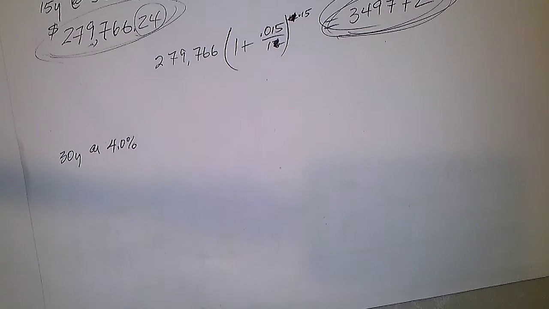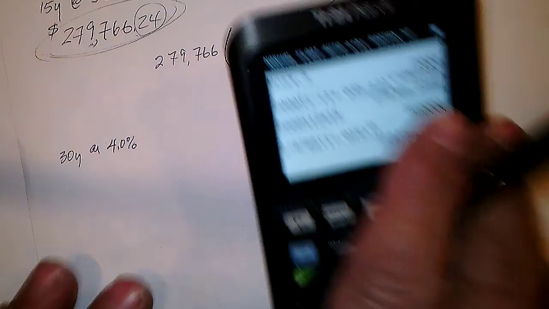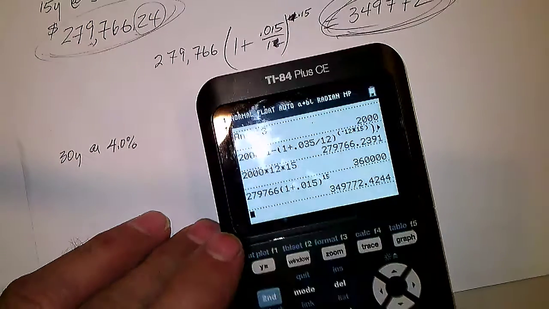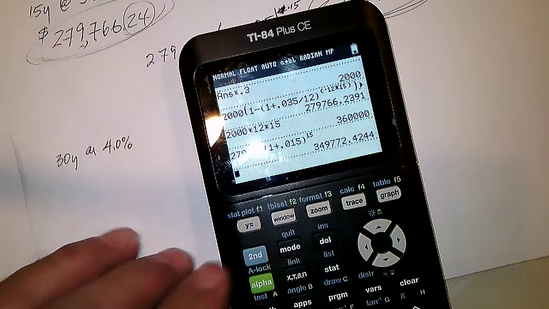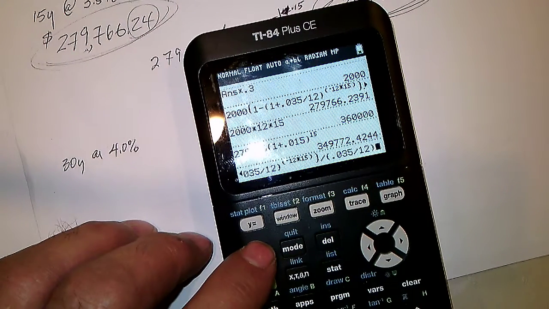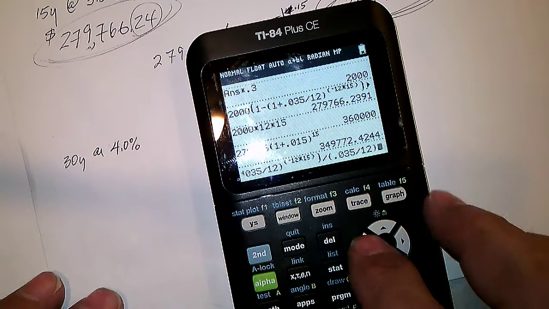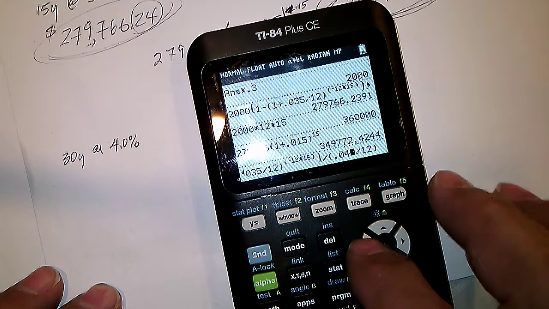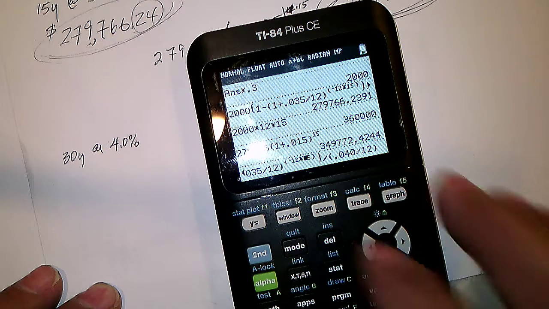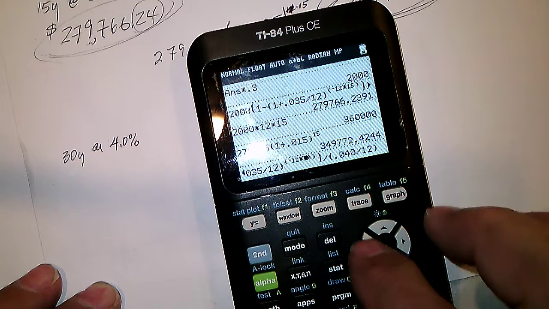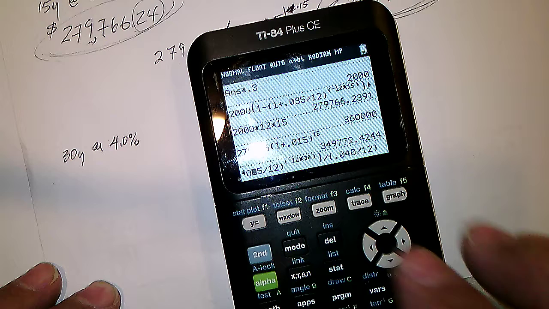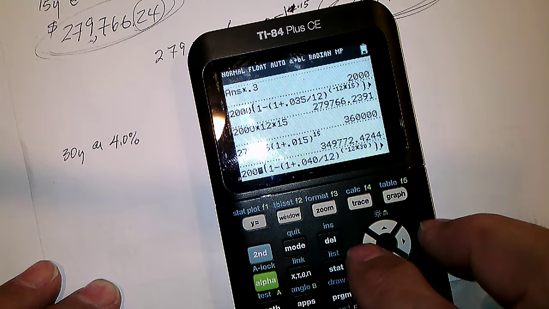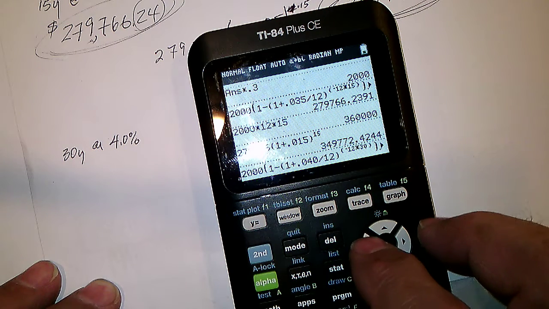Now we're supposed to do the same thing for a 30-year at 4%. So the payments would be a little different here. So we go back to where we figured out the payment, and now it's 4% for 30 years, and we can still make payments of $2,000.